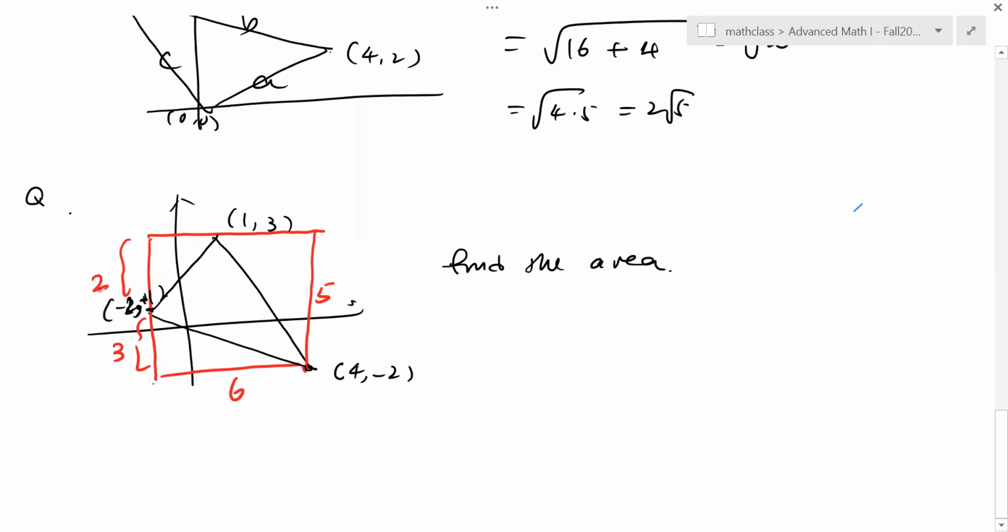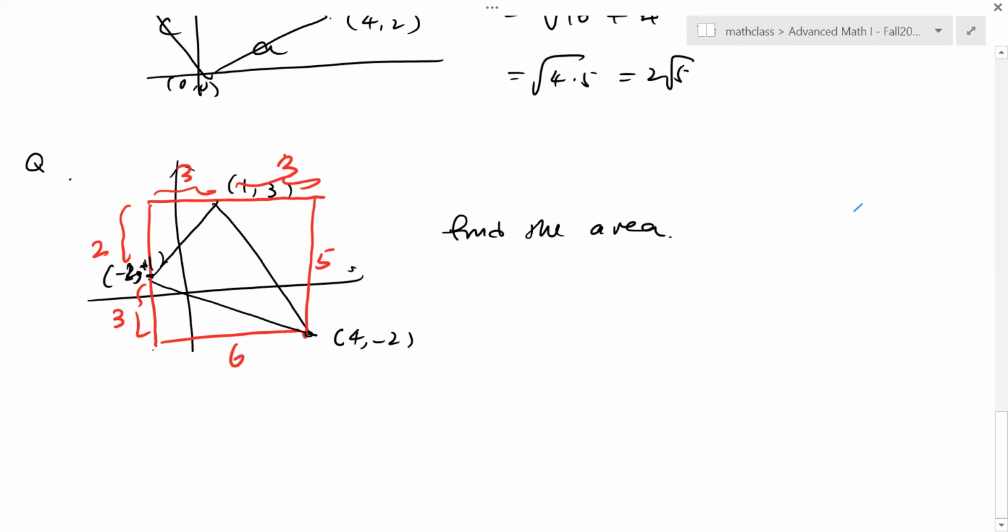Then from -2 to 1 is 3, from 1 to 4 is also 3, so the total is 6. So this is a 6 by 5 rectangle. Then using that, you can quickly solve the problem.